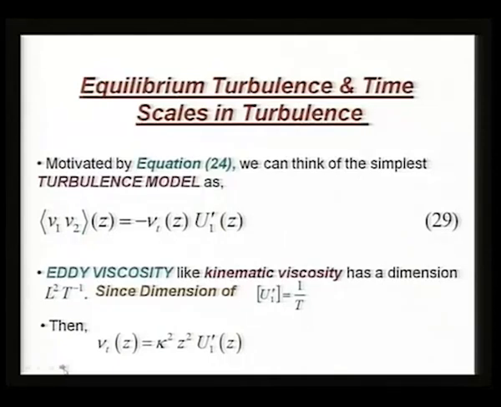So, what happens is, we have seen that our equation 24 was what? If you recall, equation 24 was Sij. We had written this, right.